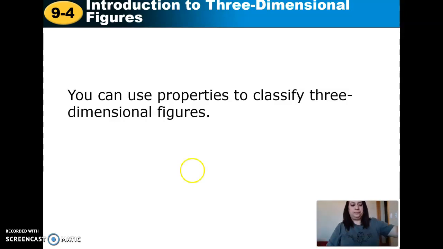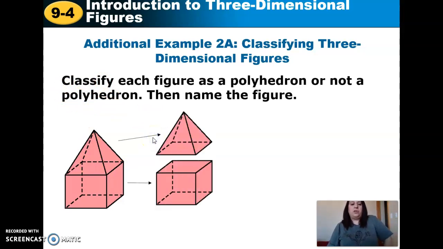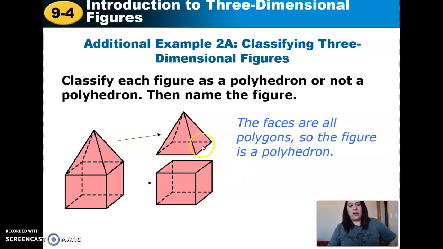Now, if we look at this to determine if it is a polyhedron or not, we can actually separate this figure into 2 different shapes. Every single face on here is a polygon, so this figure is definitely a polyhedron.